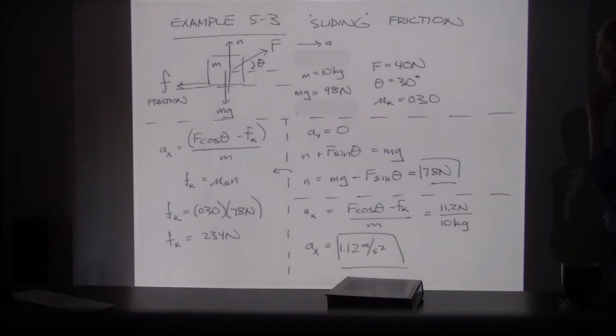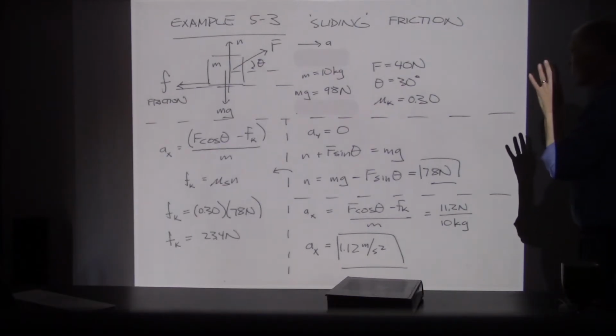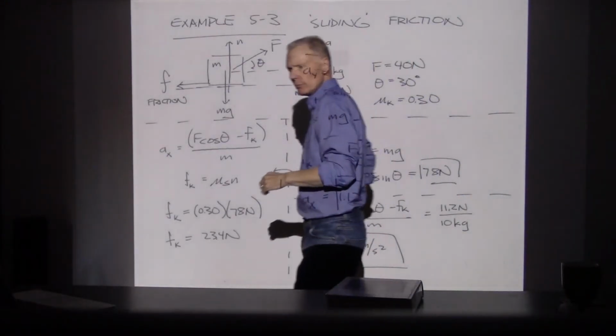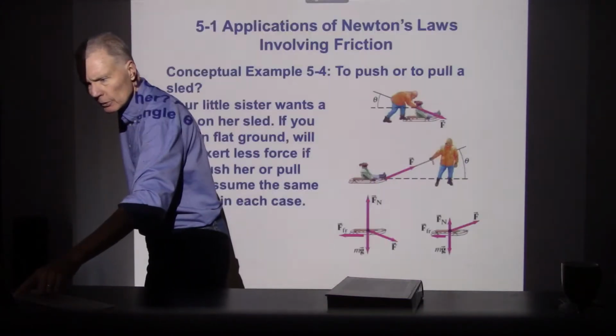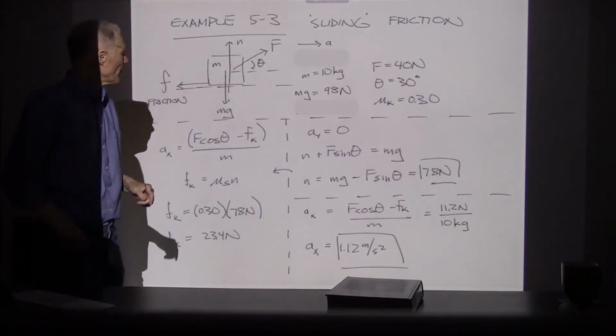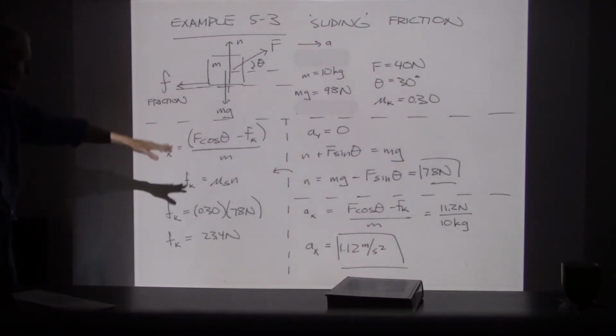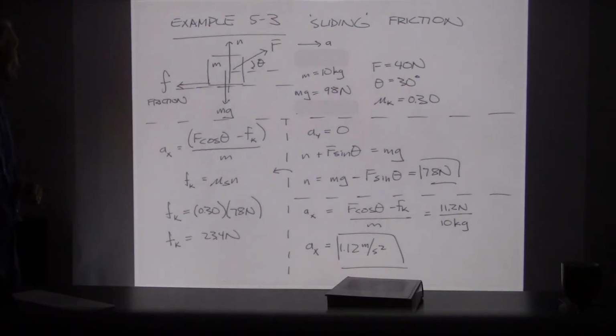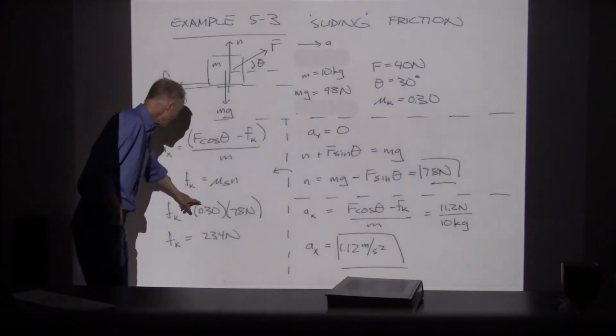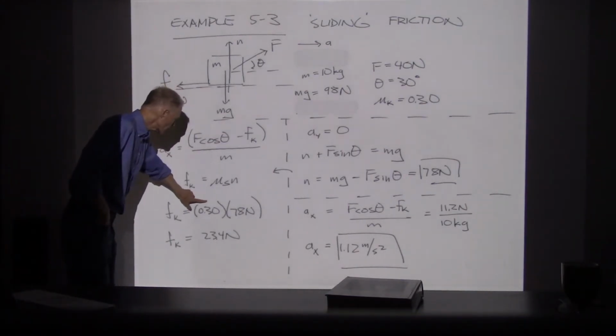Okay, for the acceleration. Now, a question that I have to think about here is, do I need to get this thing moving first? This is describing what's happening once it's moving. But is the force we're pulling with enough to offset the static friction? Before we were saying that the static friction coefficient was 0.4.